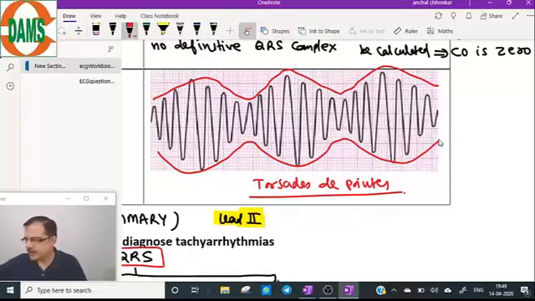This is just the pattern of the ectopic, that they are oscillating around a point, responsible for torsades de pointes. Now we are done with the arrhythmia section.